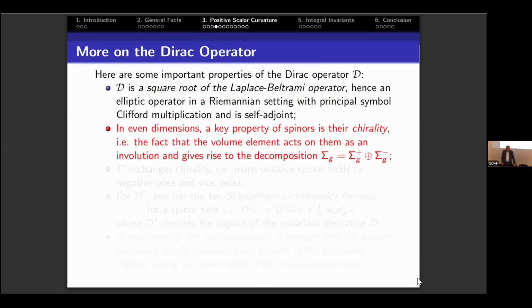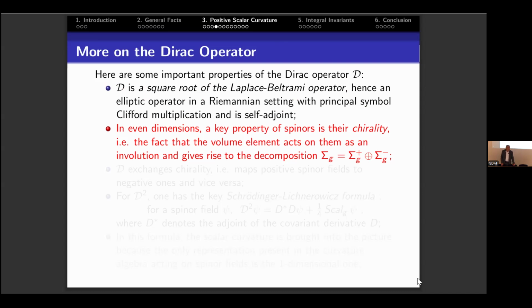And actually, there is a very important property which later on will play a key role for spinors, which is what we call their chirality. That is, if you let the volume element act on spinors in even dimensions, I'm sticking to even dimension, then the action of the volume element with the proper power of the square root of -1 in front of it is an involution.